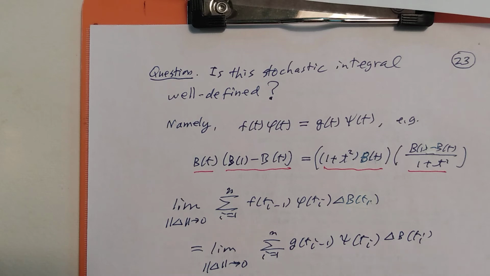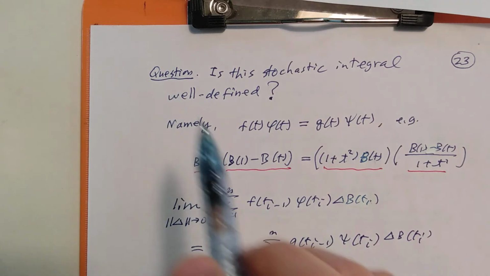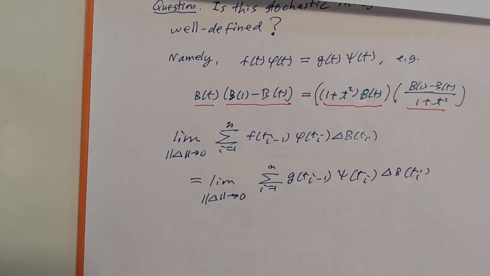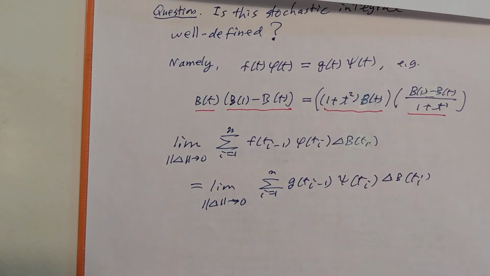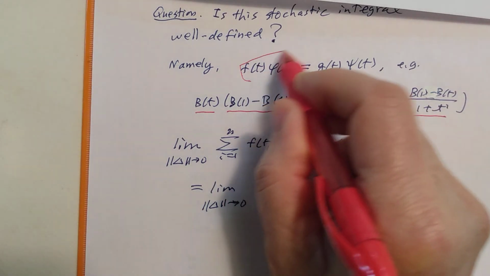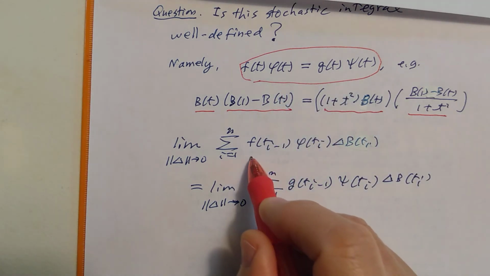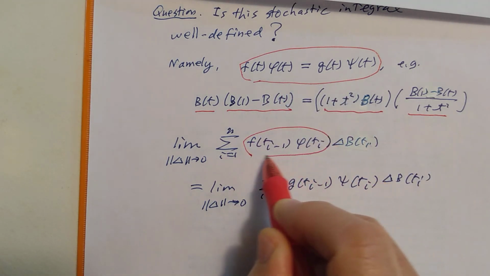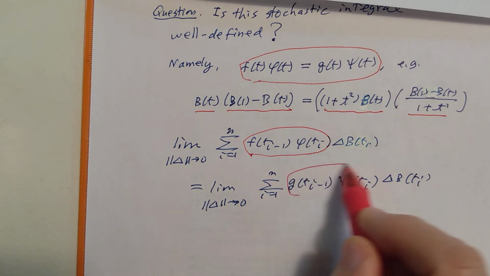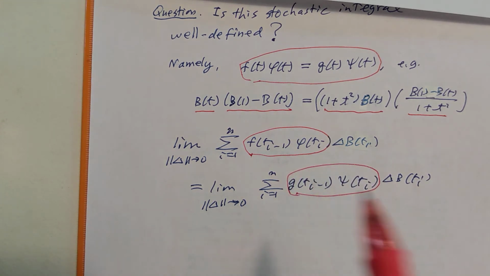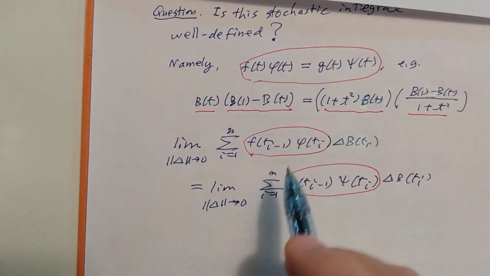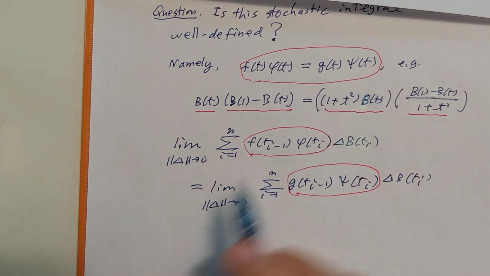If the limits are different, then the stochastic integral in the above definition is not well defined. Note that this equality does not imply this equals that, as is obvious, because here this is the same t, but here there are different t's.